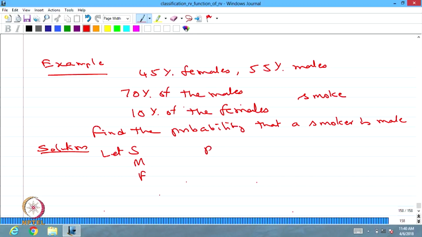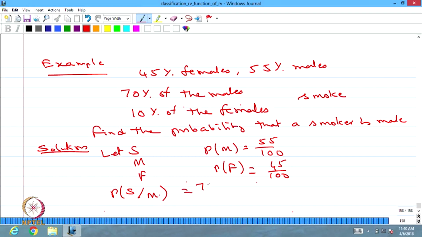Therefore, the probability of M is 55%, that is 55 by 100. The probability of F is 45%, so 45 by 100. The probability of S given M is 70 divided by 100. Similarly, the probability of S given F is also given, that is 10%, therefore 10 by 100. These are all the given information.